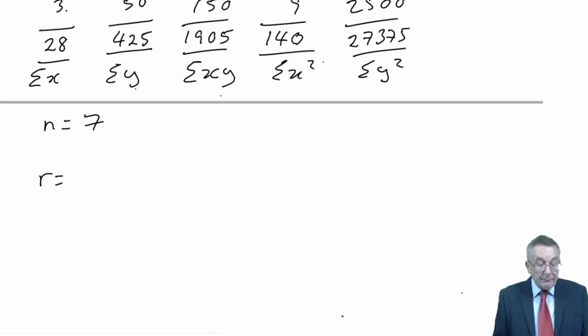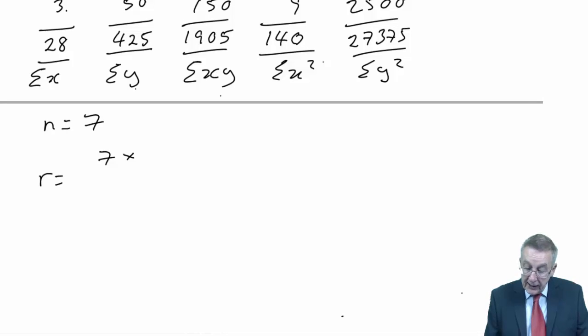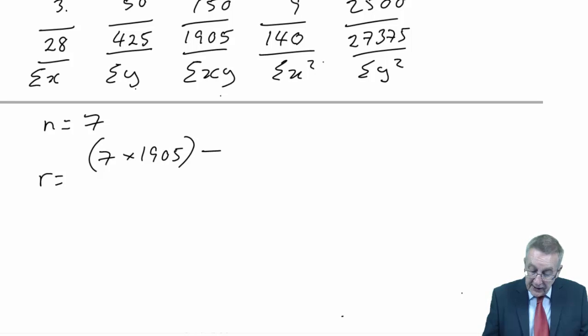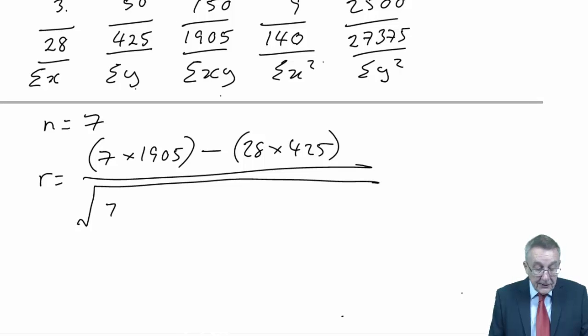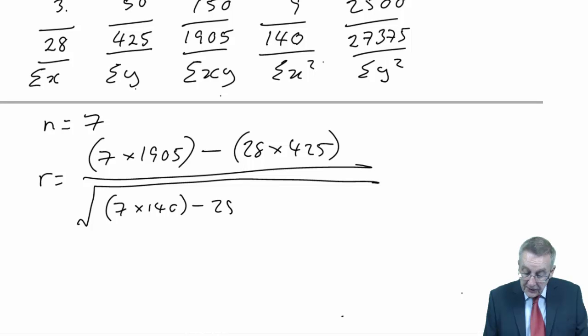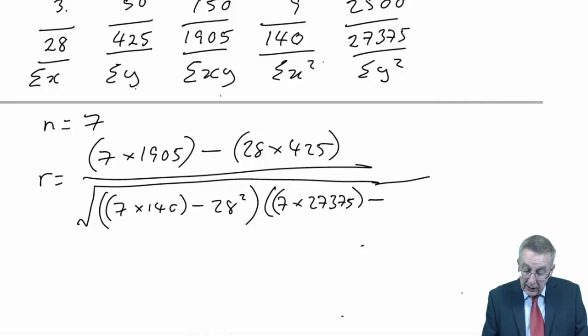Let's use the formula for R. The top bit, it's n, which is 7, times sigma xy, which is 1905, minus sigma x, which is 28, times sigma y, which is 425, divided by the square root of 7 times sigma x squared, 140, minus sigma x all squared, 28 squared, times 7 times sigma y squared, minus sigma y all squared.